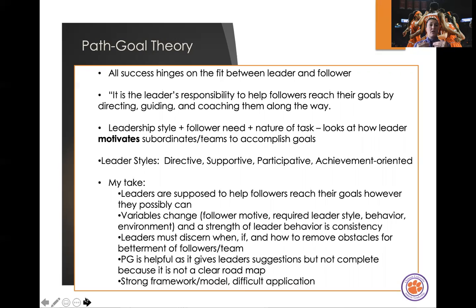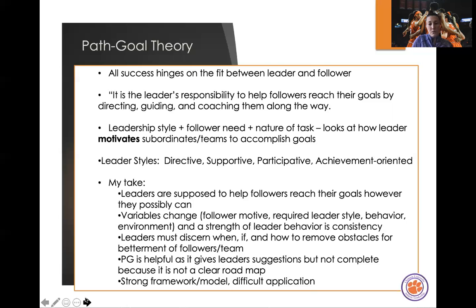And I think when we start thinking about path goal in an athletic setting, as coaches and as administrators there are sometimes when we don't want to do the heavy lifting for them. We want to see our athletes, our right hands, and our entry-level interns problem solving on their own, showing innovation, thinking outside the box, critical thinking.